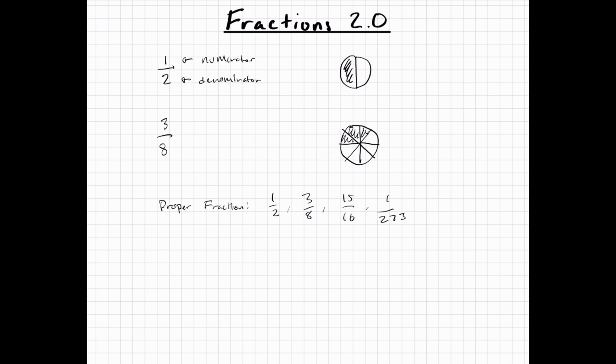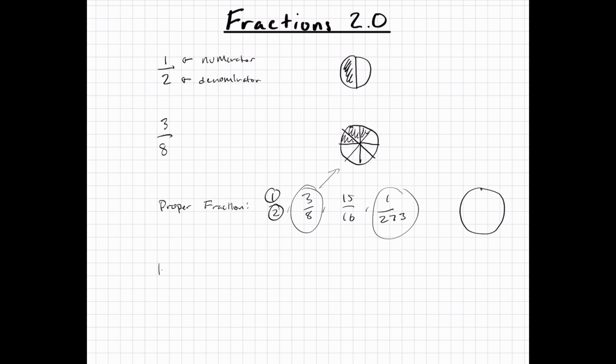A proper fraction is wherever the top is less than the bottom. We call these proper because we can describe them in one image. We can draw one pizza, and we can draw 3/8 of a pizza like we did here. We could even draw 1/273 of a pizza. It would take a lot of slices and a lot of precision, but we could draw it.